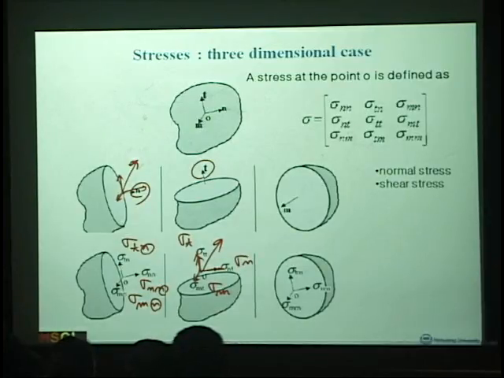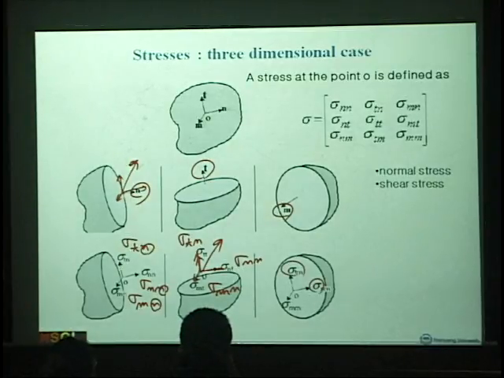But again, since these forces are in the N direction, we add another index to differentiate from other components. Now, the third one, well, the same. Three components of forces. In this cross section, we have another three components.